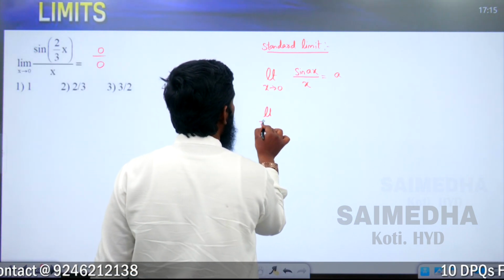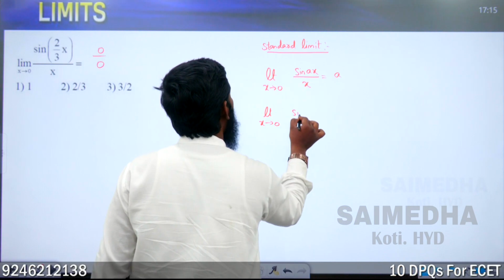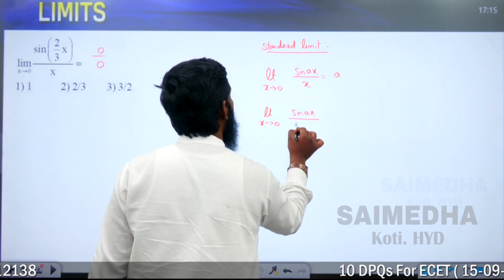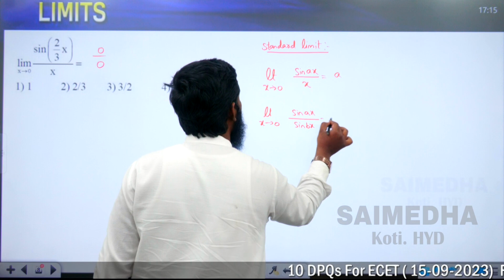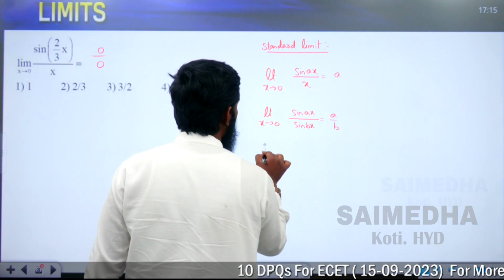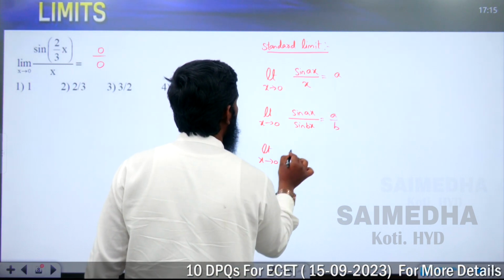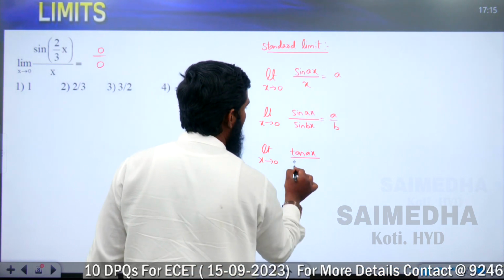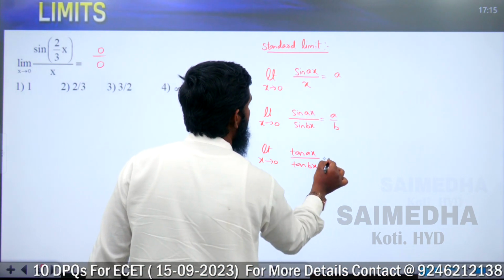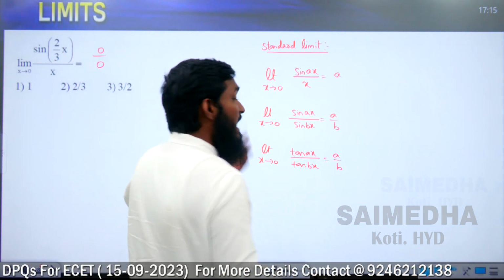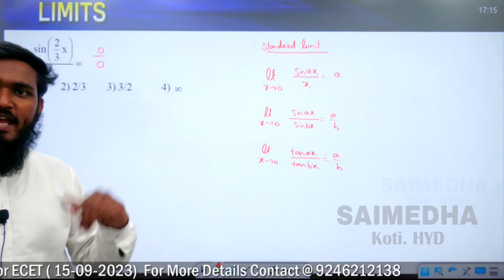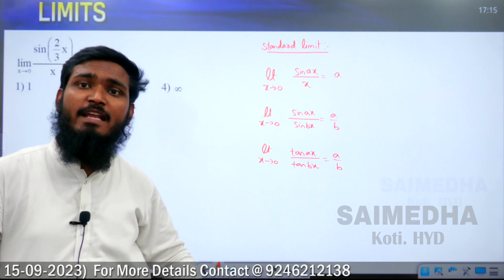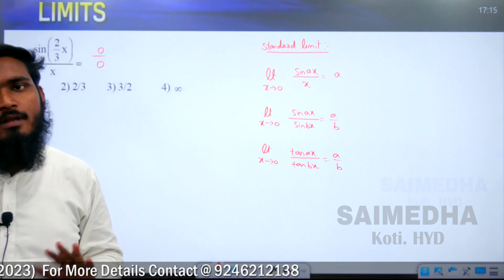Similarly, limit x tends to 0, sine ax divided by sine bx is equal to a by b. Similarly, limit x tends to 0, tan ax divided by x is equal to a, tan ax by tan bx is equal to a by b, sin ax by tan bx is equal to a by b, tan ax by sin bx is equal to a by b. Like this we have.